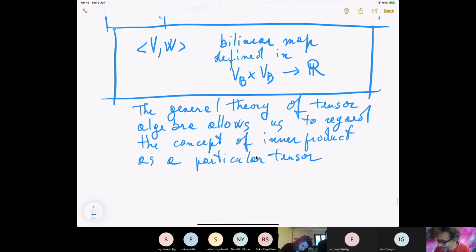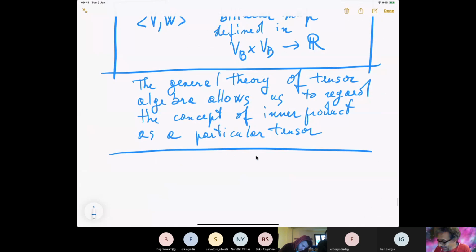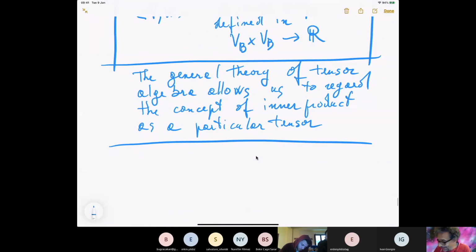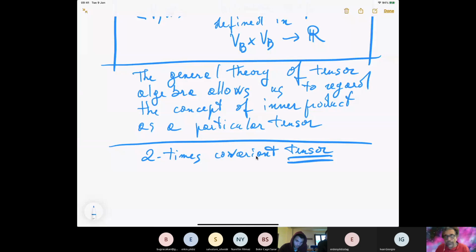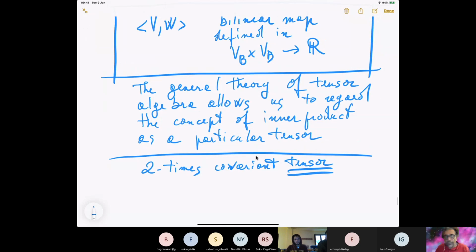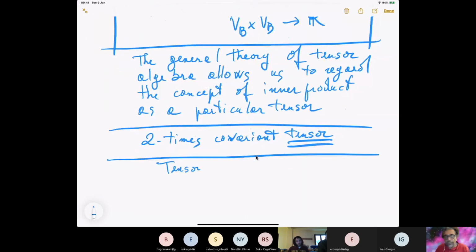It is a 2 times covariant tensor. Why? Let us check. We can use easily the tensoriality criterion if you like.